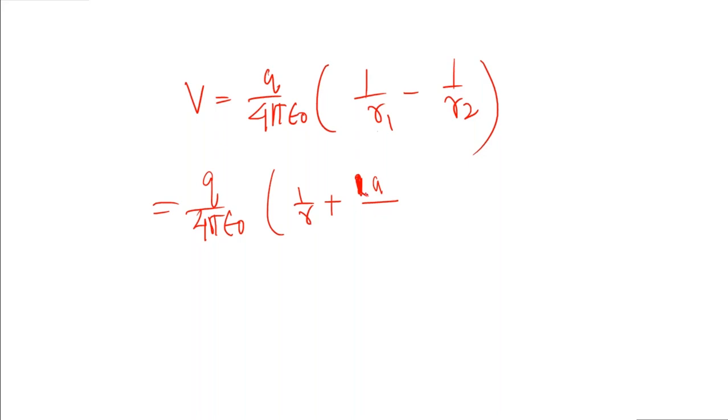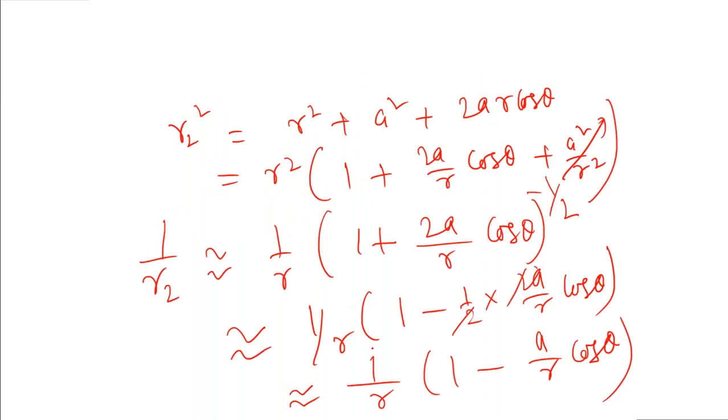So it will be 1 by r plus a by r square cos of theta. So this thing I am going to write over there, this is cos of theta.